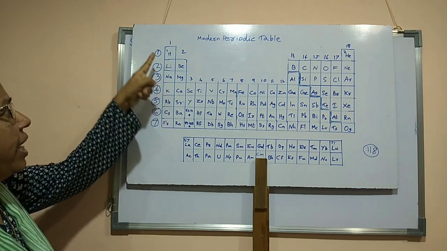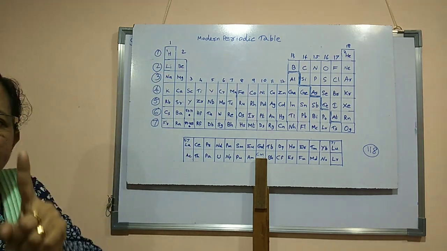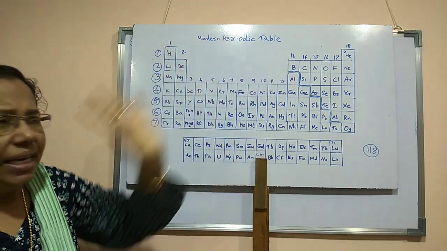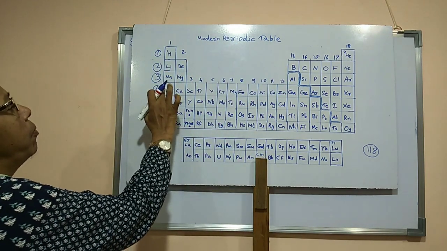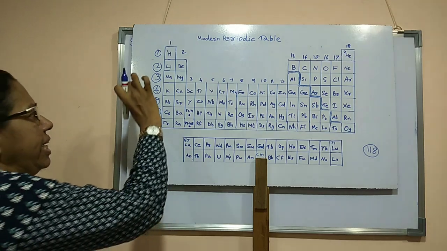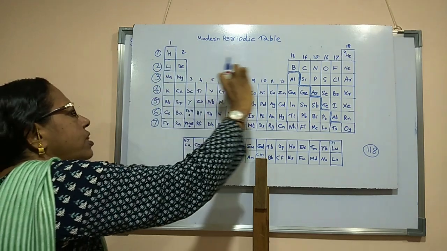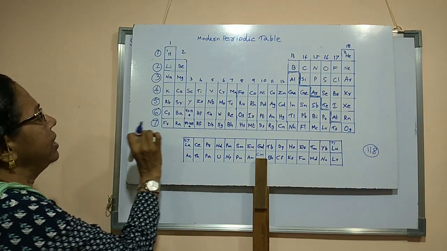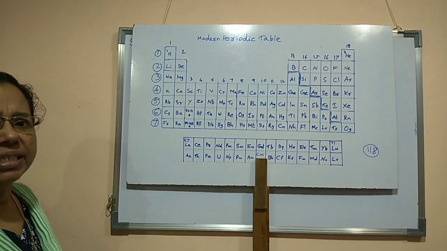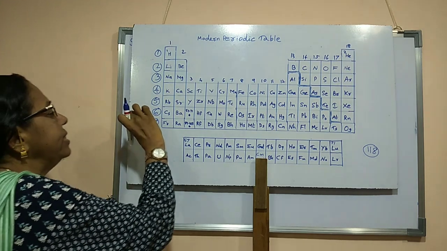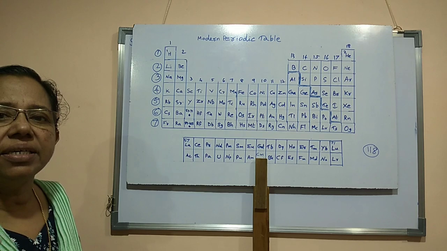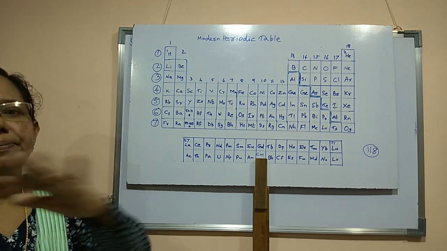Here you see, hydrogen has only one orbit. It is lying in the first period. After that, potassium, it is lying in the fourth period, so it has 4 orbits. Now, francium, Fr, is lying in the 7th period, so it has 7 orbits in its atom.